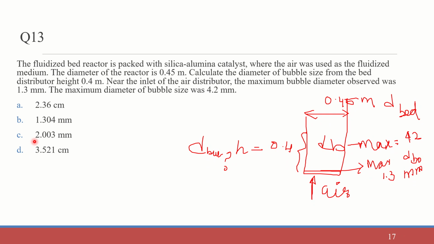Both are greater than the bubble size at the inlet but less than the maximum bubble size, that is, greater than 1.3 but less than 4.2. By looking at it, we can say the answer is option C, but now let us see how to solve it step by step. Option C is the right answer.